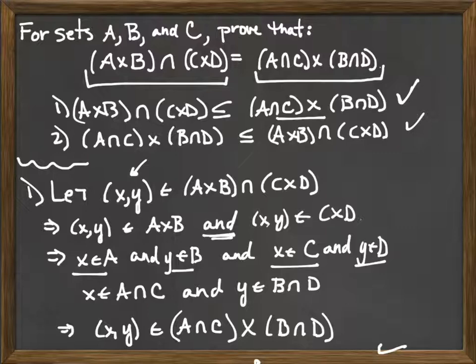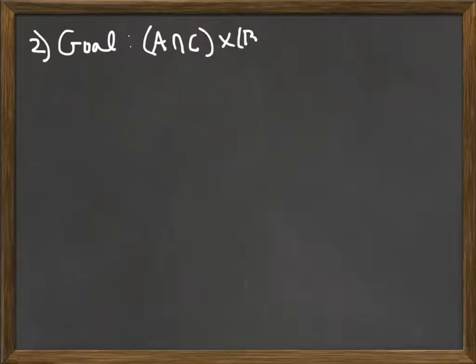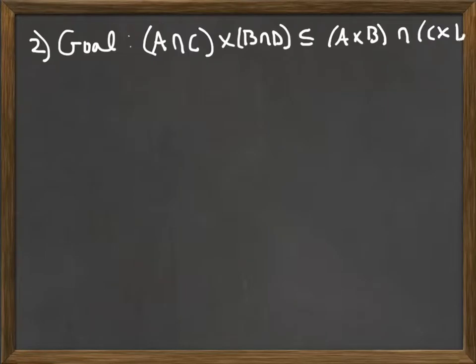Alright, now we need to show 2. So I'm going to move to a new board. And our goal, so that we see where we're going, is to show that A intersect C cross B intersect D is a subset of A cross B intersect C cross D. Alright, so just like before, we're going to take an arbitrary element in the left-hand side.